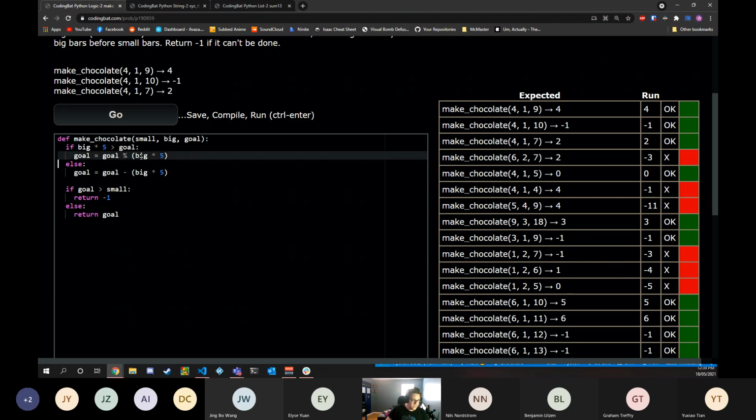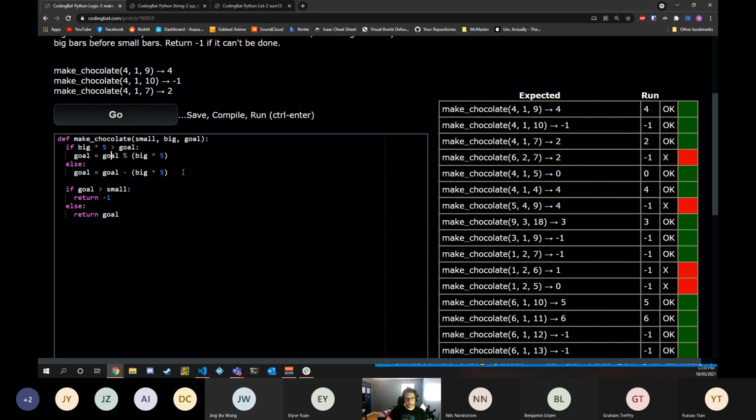So what this says is take big, multiply it by 5, and then find out how much is left over. Now, if I had 2 times 5 is 10, 7 mod 10, that's not going to work. So I need to find some other way around this.